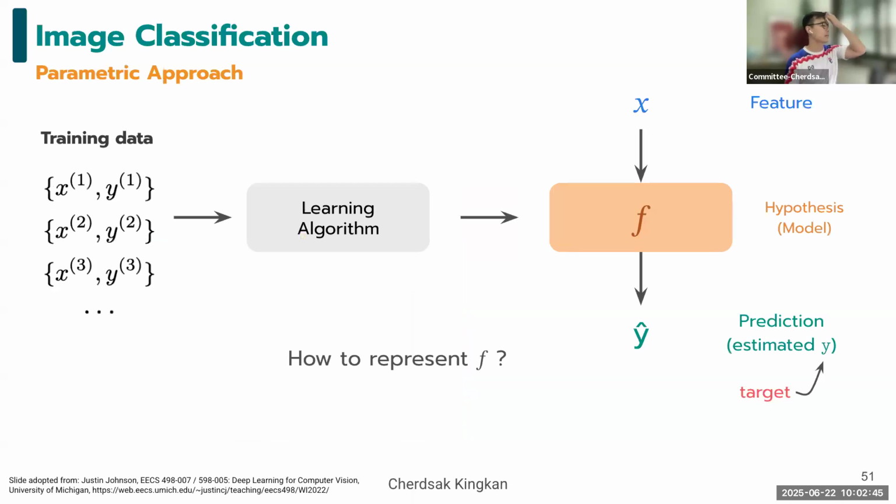If we look at the linear classifier in terms of a parametric approach, we have training data X and labels Y, and then we have some sort of learning algorithm that can output the label, or predict something for us. So if we feed in some X, which is some features, we have a learning algorithm or model that learns about these features, and then tries to predict or estimate a Y, which is the label of those features.